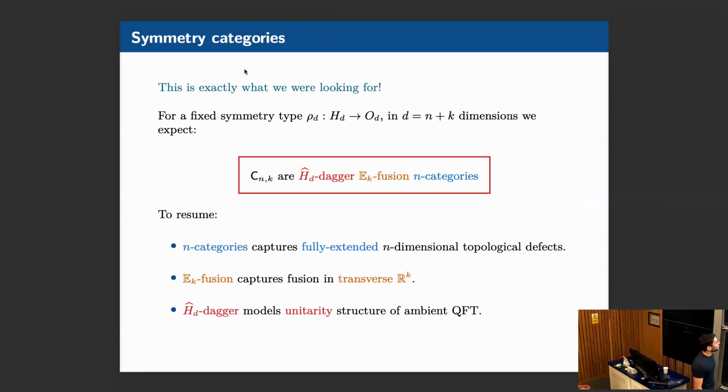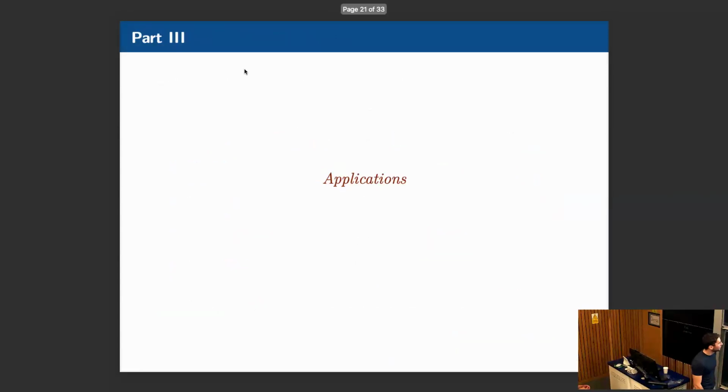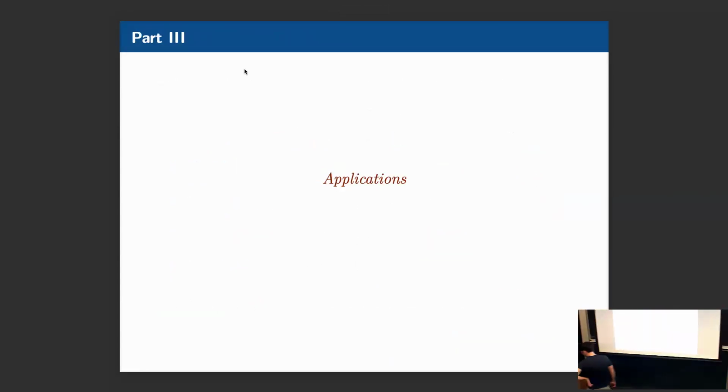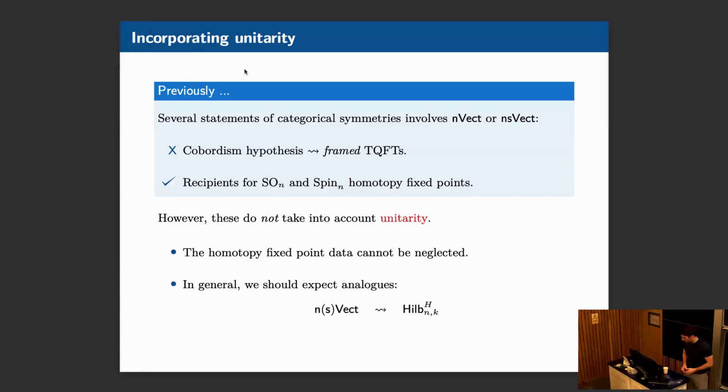There is a lot of data, and a lot of things are non-trivial, which is precisely the reason I haven't given you the definition of this H-hat dagger. But what I want to talk about for the rest of the talk is how we can apply this to some statement about physics. To do that, let me first remind you of something.